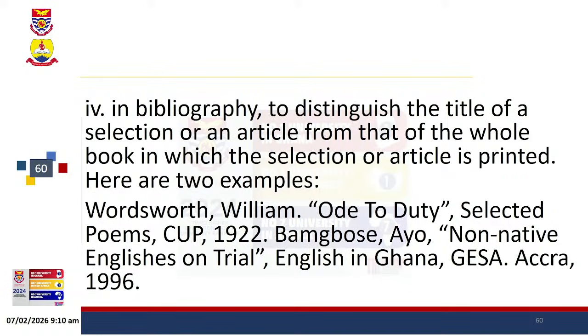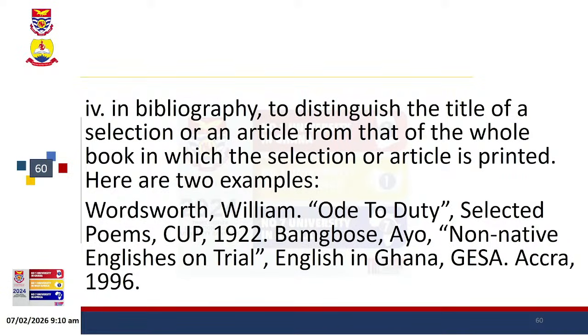For example: Wordsworth, William, "Ode to Duty," Selected Poems, Cambridge University Press, 1922. So "Ode to Duty" is in double quotation marks. Another: Bamgbose, Ayo, "Non-Native Englishes on Trial," English in Ghana.